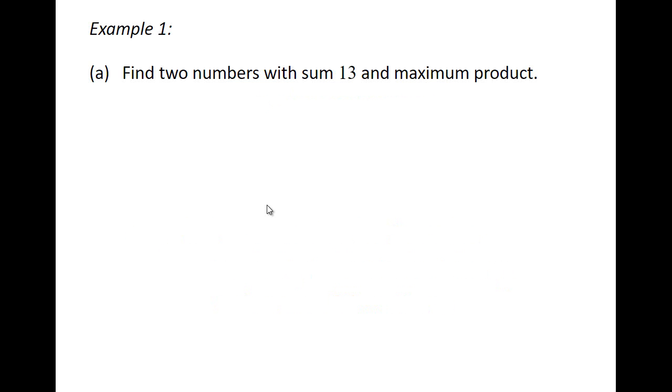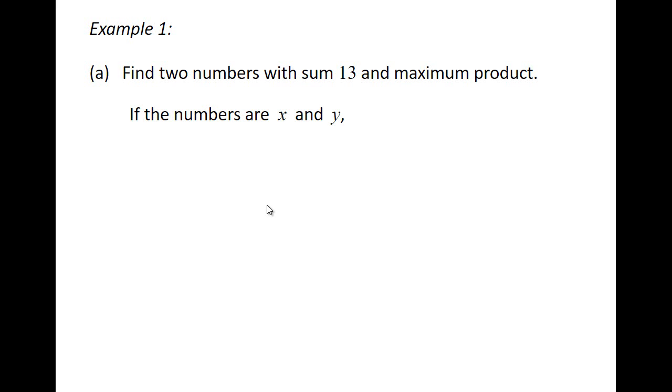The first one is we want to find two numbers with a sum of 13 and maximum product. So we want to find two numbers that sum to 13 but give us the maximum possible product.